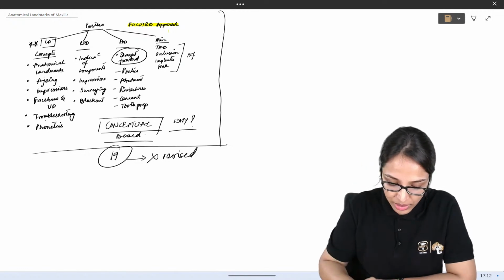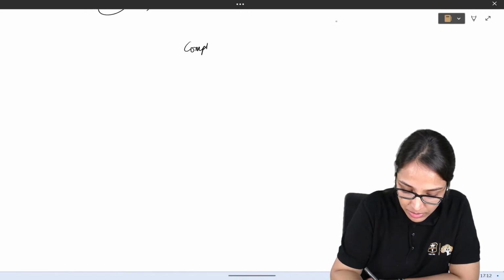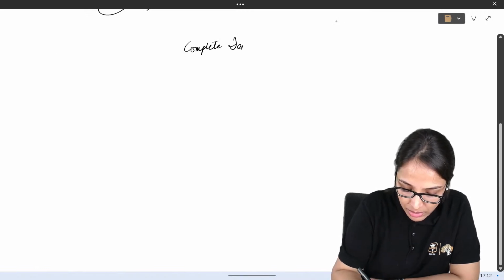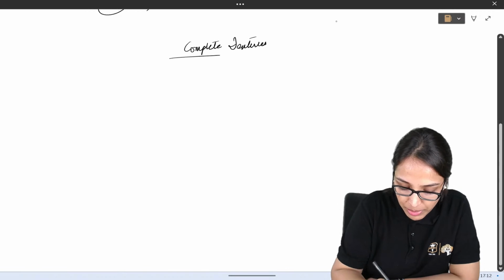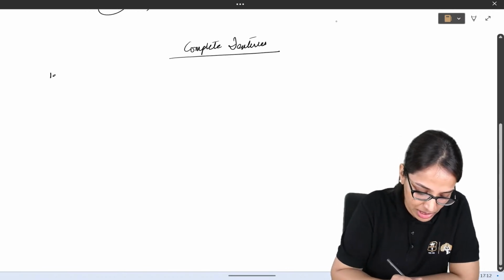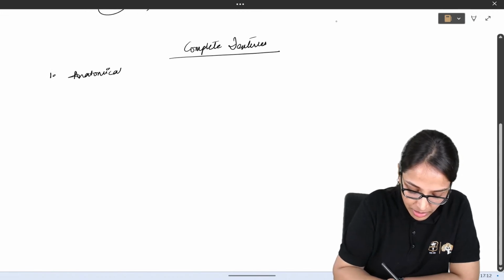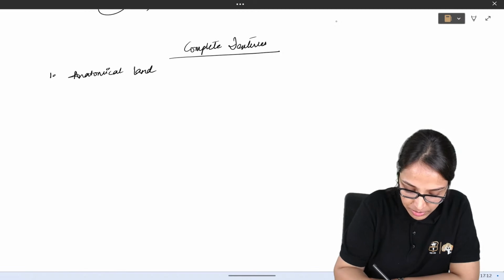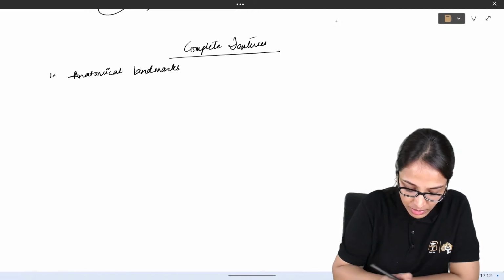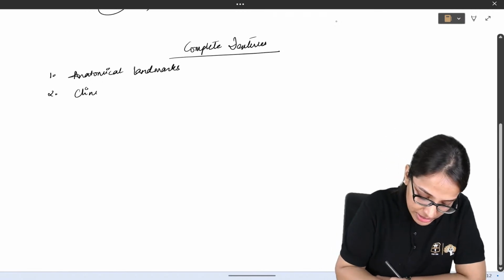Now, today we start with complete dentures. So in complete dentures, in today's first class, what I'll cover is your anatomical landmarks. Second topic that we will cover today is the clinical exam of a patient.